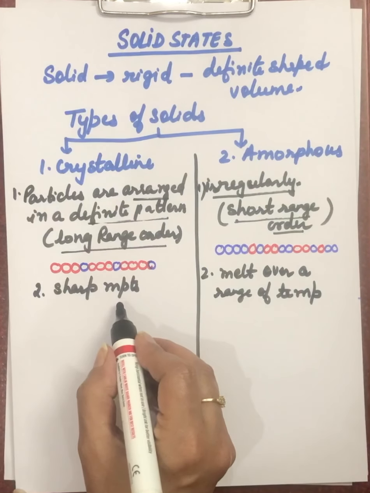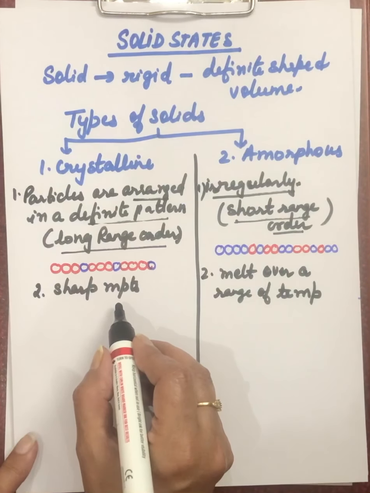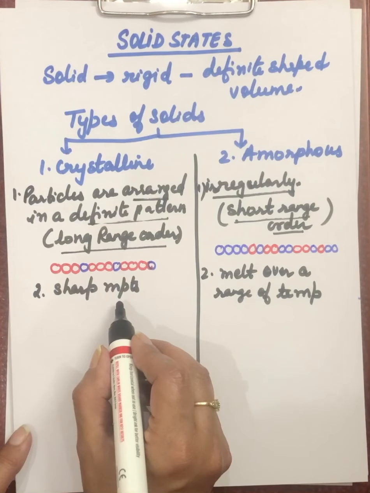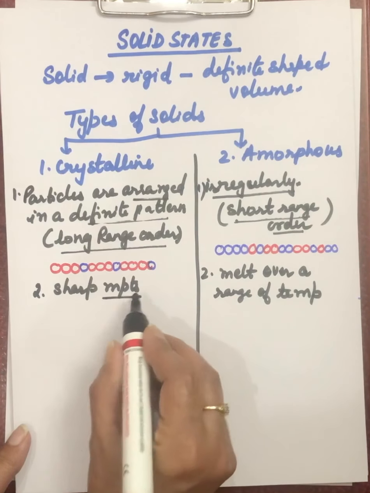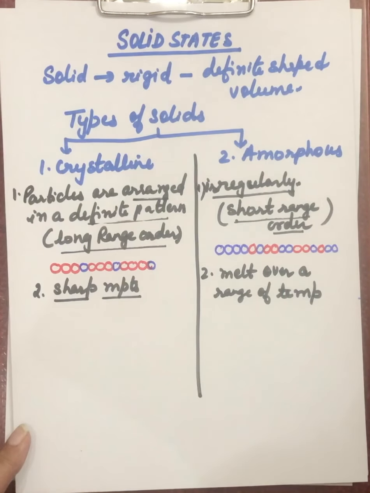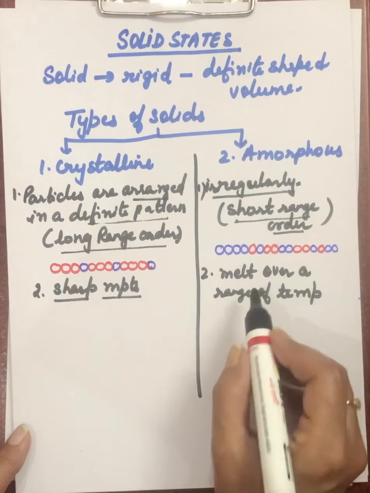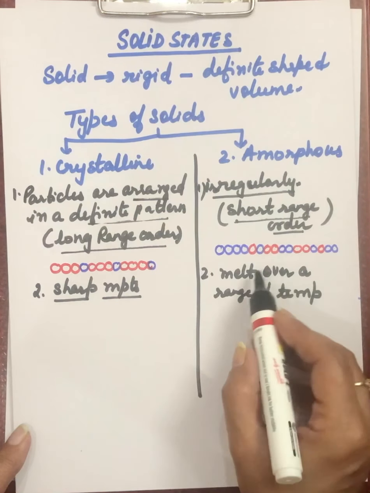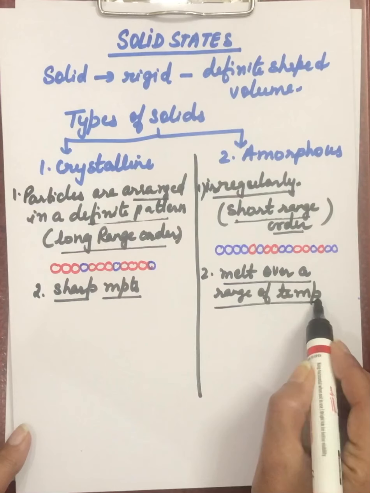Sharp melting point means at one particular temperature only this solid will melt, and no matter how many observations we take, the melting point of that solid will remain fixed. Only one melting point is there for one particular solid under the same conditions. While amorphous solids melt over a range of temperature. There is no fixed melting point for amorphous solids.